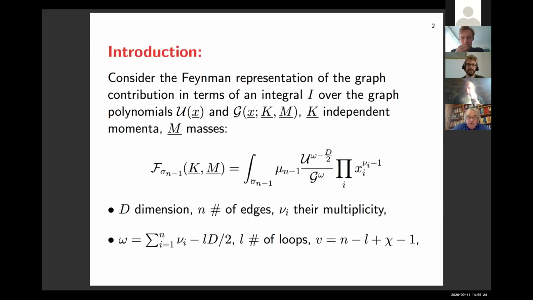D is the dimension, N is the number of edges or propagators, and nu_i are their multiplicities. Then we introduce a parameter omega, which is the sum over these multiplicities minus L, the loop order, the number of loops. And of course, if the graph has an Euler number, then you can give the vertices in terms of the data that I have mentioned before.